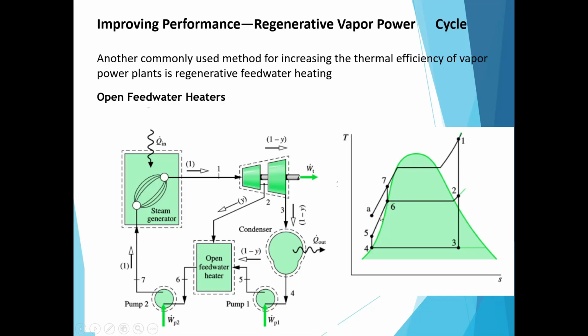The heat gained from 5 to 6 equals the energy rejected by the 2 to 6 steam. The steam becomes saturated gas, then saturated liquid, and the feed water subcooled liquid becomes saturated liquid at number 6. So heat rejection from 2 to 6 equals heat absorption from 5 to 6, right?